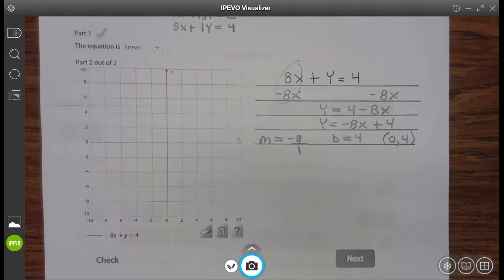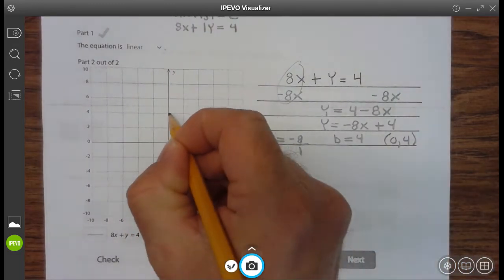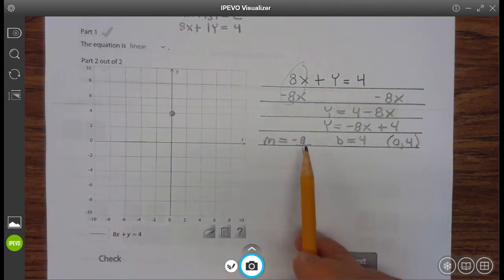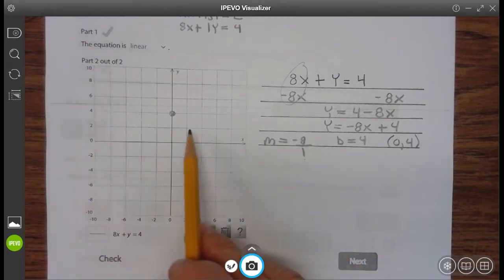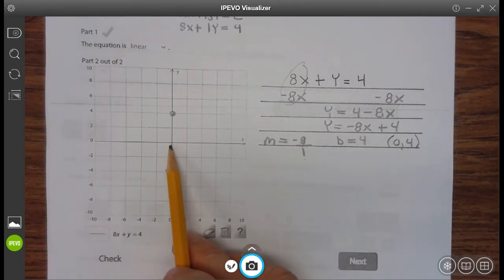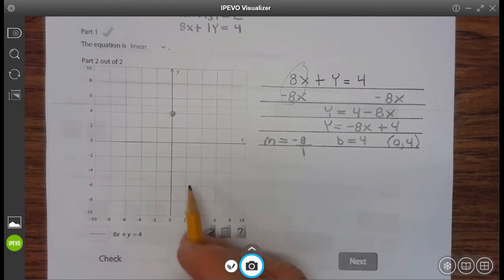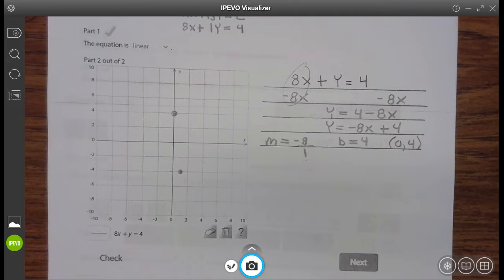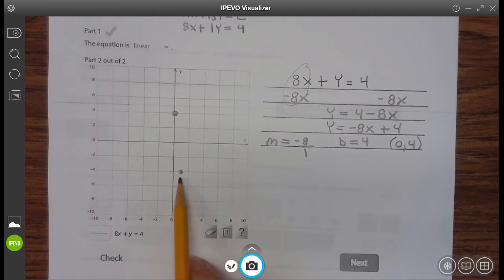Okay, so let's go ahead and graph that point first, 0, 4. So 0, 4 is right here. Now the slope says that we go down 8 to the right 1. Now these are counting by 2, so down 2, 4, 6, 8 to the right 1 is right here. Okay, now once you have 2 points, you have a line, but let's see if we can go down again.